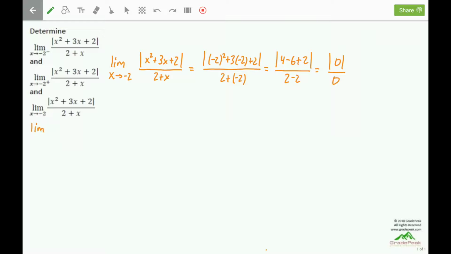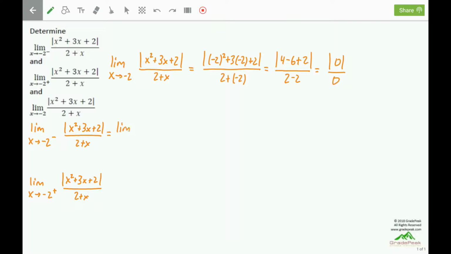So we will have the left side limit of -2, indicated by a negative superscript on the -2, and the right side limit of -2, indicated by the positive superscript on the -2, of that same expression: absolute value of x squared plus 3x plus 2, all over 2 plus x. Let's start with the left side limit first.